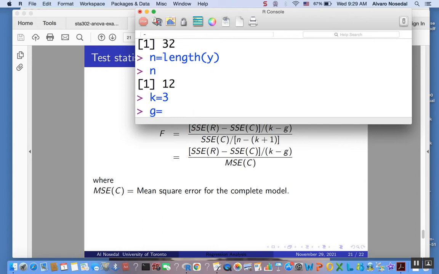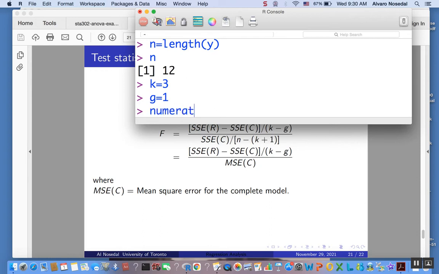In this case, we only have mu1, a single mean. And now we can find that numerator. It's just going to be that difference. We compute it: SSER minus SSEC.